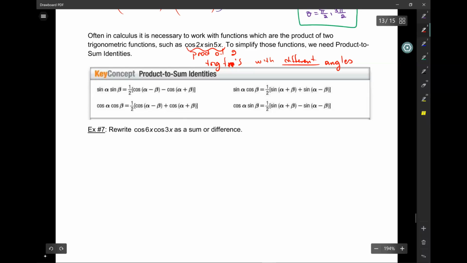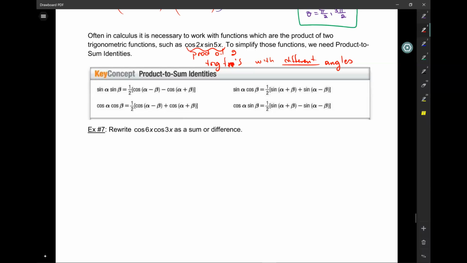Basically what it boils down to is you just have to recognize that there exist identities for when you have sine of an angle times cosine of a different angle. Then all you have to do is look on your sheet and match with the one that exists in the sheet. So these are the angles: sine of an angle, sine of a different angle; cosine of an angle, cosine of a different angle.